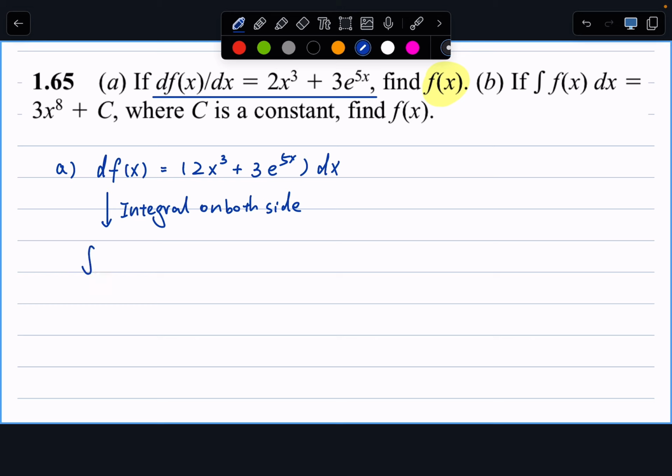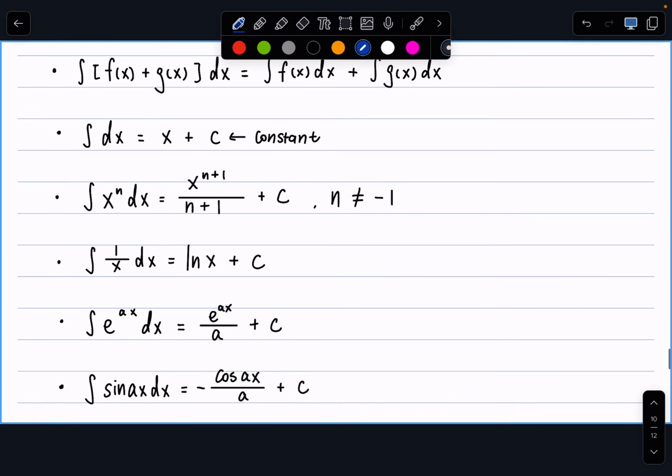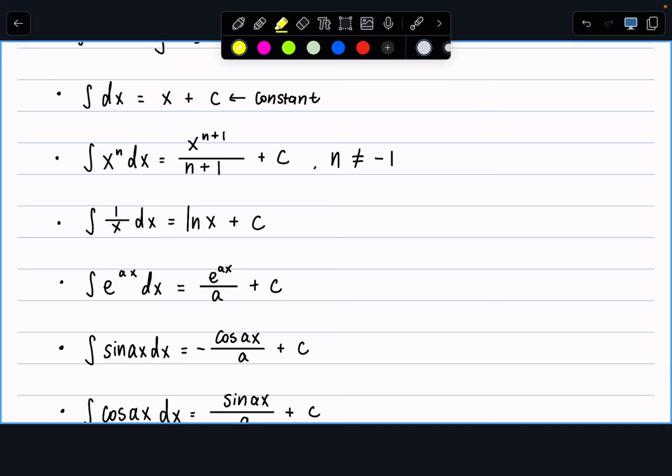So doing that, we have the integral of df(x) and the same integral of (2x^3 + 3e^(5x)) dx. On the left-hand side, this integration just gives us f(x). On the right-hand side, the equations we're using are this one, the integral of x^n dx, and also the exponential one.